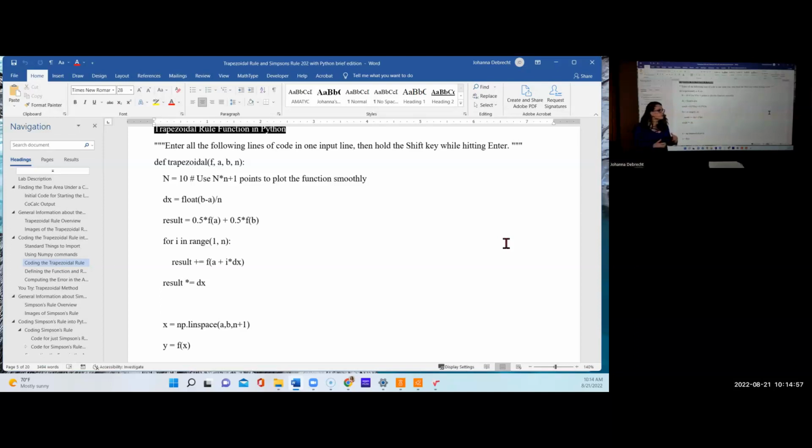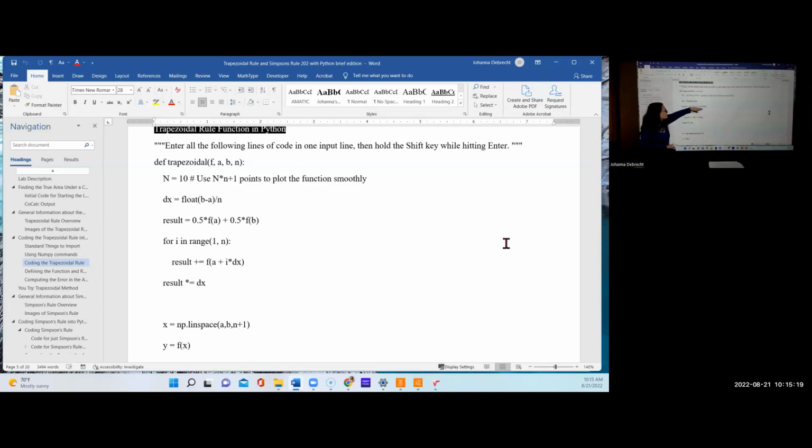And then what is it doing? So I'm getting the front part and the last part of the trapezoidal rule, but I'm missing the middle. Remember what the middle was. The middle was double each one of those. So this is a loop, and it says for I between 1 and n, the number of subintervals, result, add to it, and let it equal.